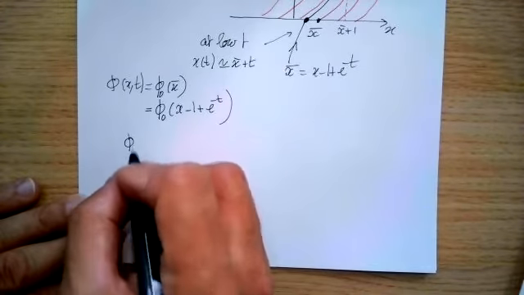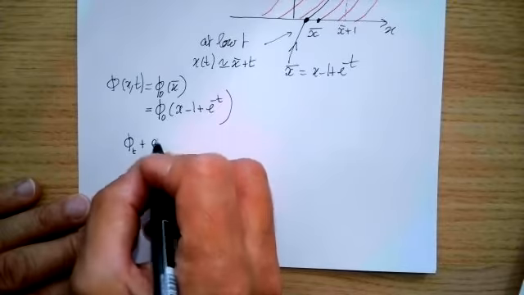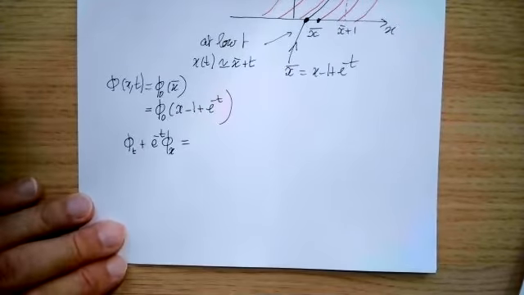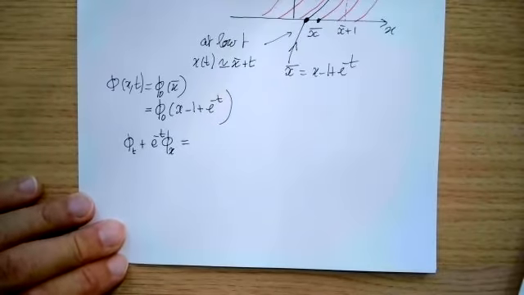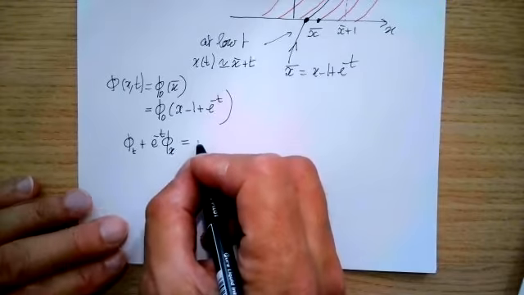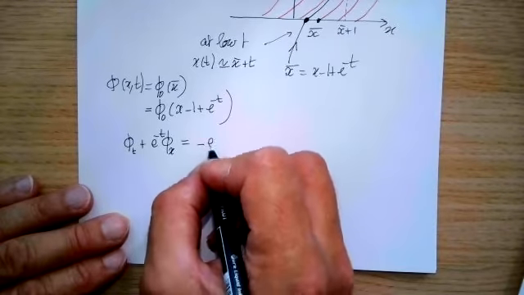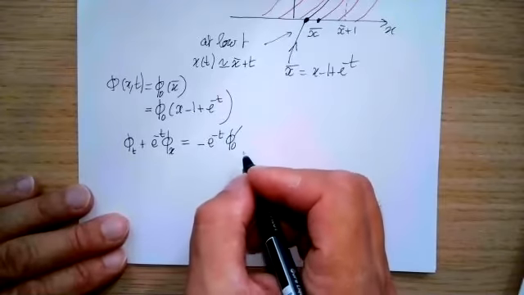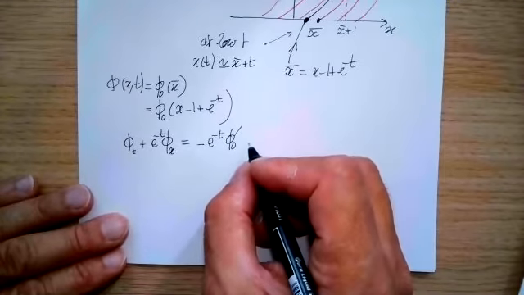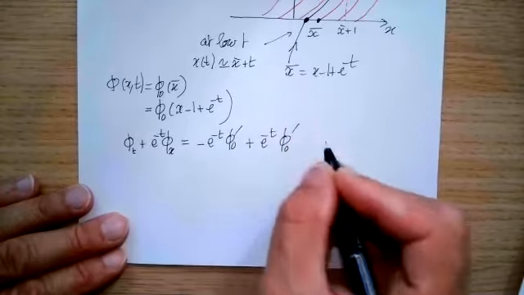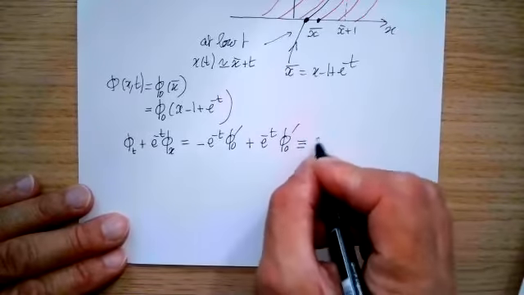So let's compute, say, psi t plus exponential minus t psi x, which was the equation we wanted to solve. So this is simply minus exponential minus t psi 0 prime of its argument, I don't write it, plus exponential minus t psi 0 prime, and indeed, that's 0.